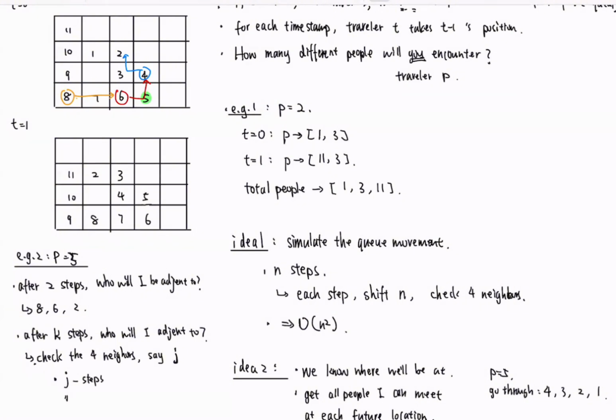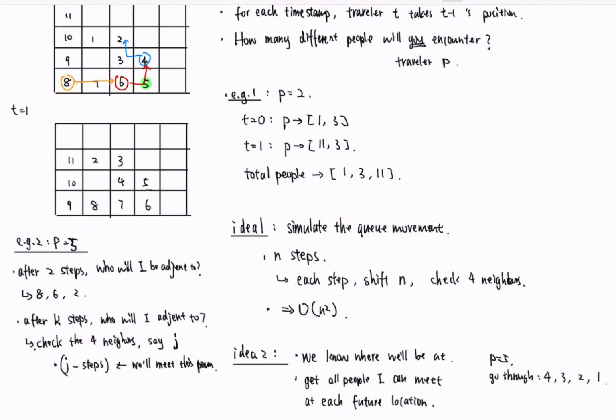In the example, after 2 steps, we check the neighbors of this future cell, which are 2, 4, and 6. For 6, plus 2 steps will be 8. For 4, plus 2 steps will get 6. And for the top neighbor, adding 2, we will get 4.